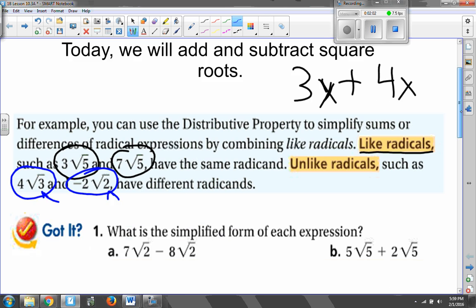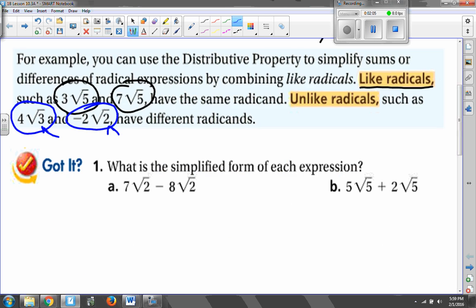Now, if we have like radicals, as I mentioned before, we can add and subtract them just like we do with x or y or some other variable. We just imagine that that square root piece is like a variable and we leave it alone and leave it in our answer.